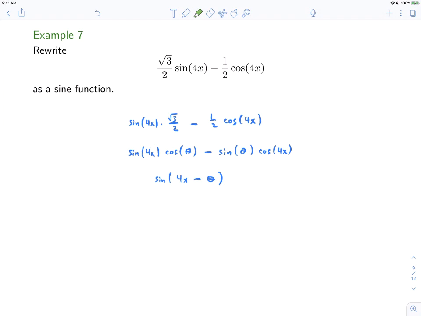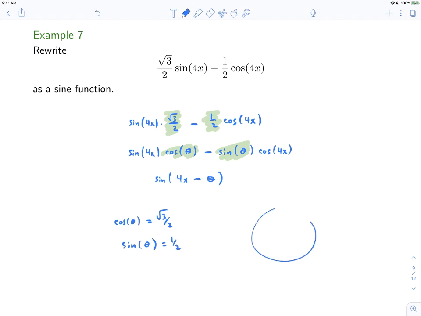Well, the idea is that you want cosine of theta to be the square root of 3 over 2, and we want sine of theta to be 1/2. Let's write that out. We want cosine of theta to be the square root of 3 over 2, and we want sine of theta to be equal to 1/2.